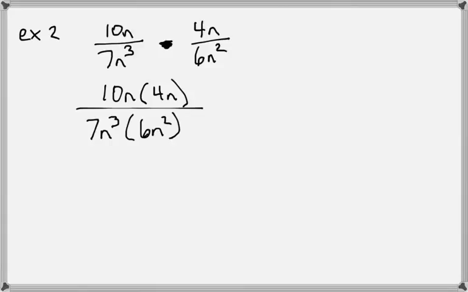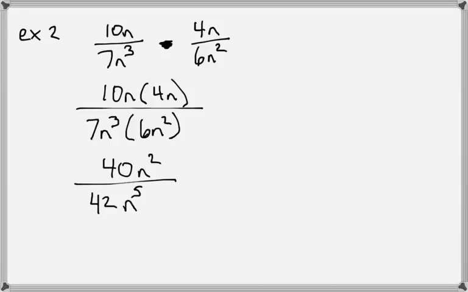Now I'm going to go ahead and simplify. So 10 times 4 gives me a 40, and an n times n gives me an n squared. And in the denominator, I have a 7 times 6, which is 42, and an n cubed times an n squared, which gives us an n to the 5th. So now I need to simplify.